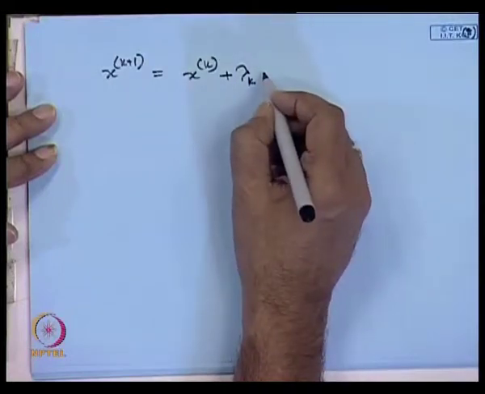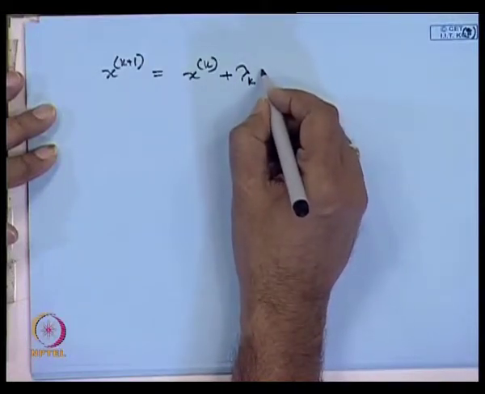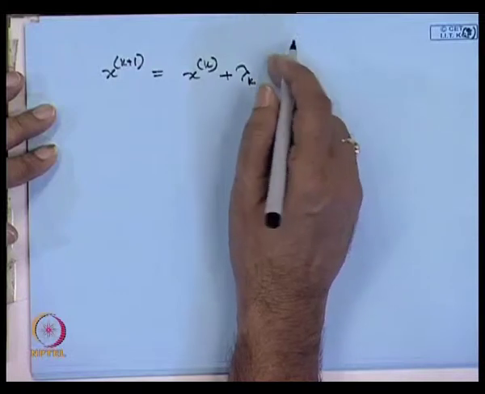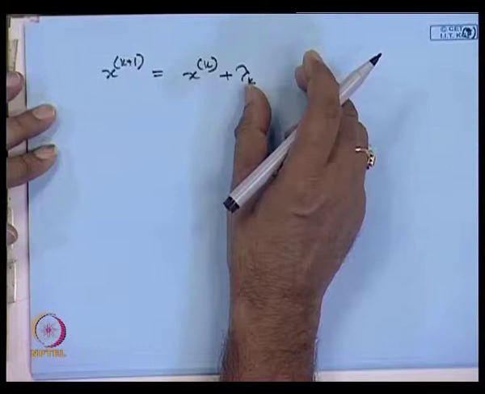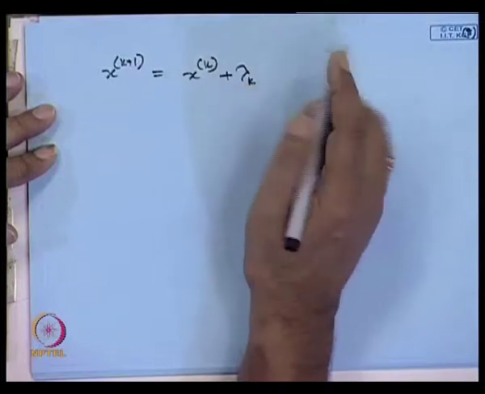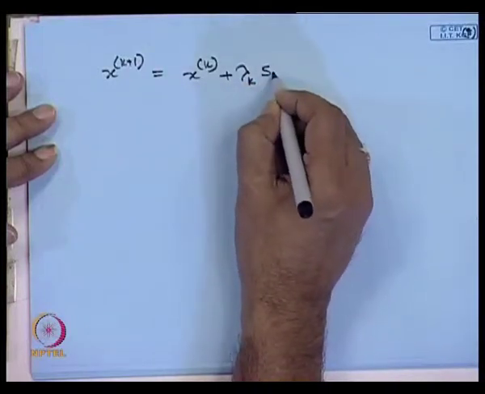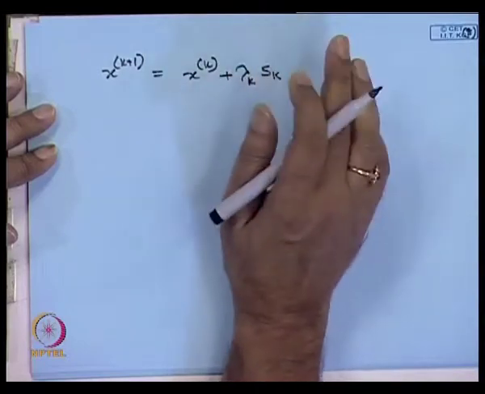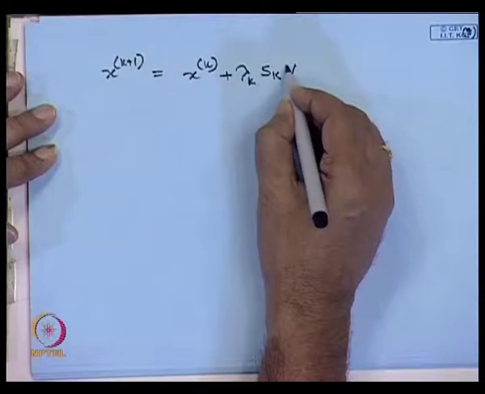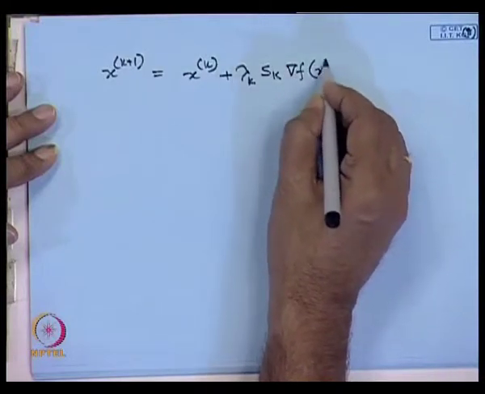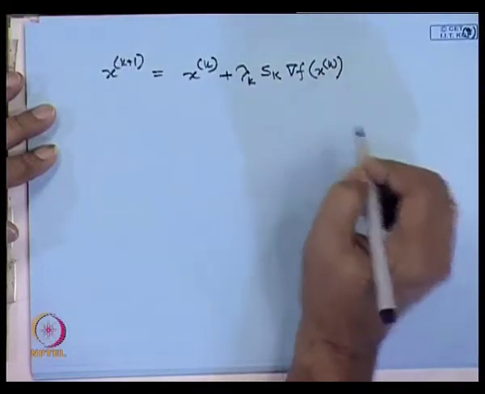Then this is multiplied by, in place of the Hessian matrix inversion of Newton's method, S k and the gradient of f at x superscript k.